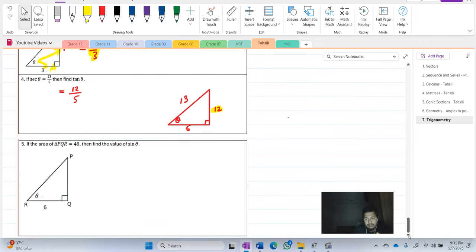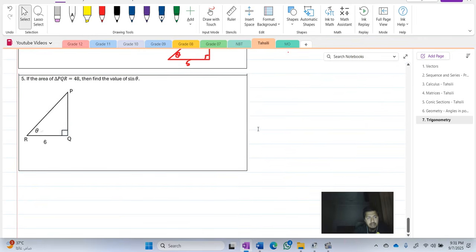Next one. In the triangle, the area of triangle PQR is 48, so we know the area is equal to, what's the area of a triangle? Half base times height, and that is equal to 48. We can clearly see we have a base. Remember, when we talk about height, it is perpendicular height in a triangle.